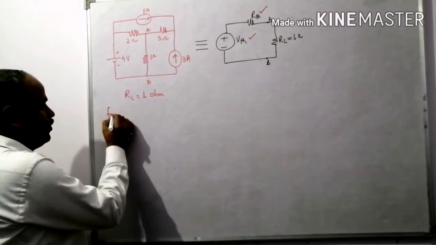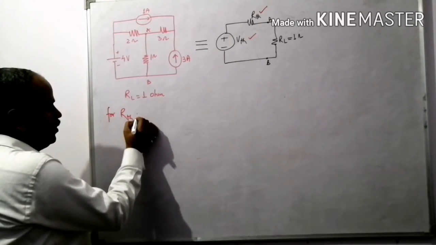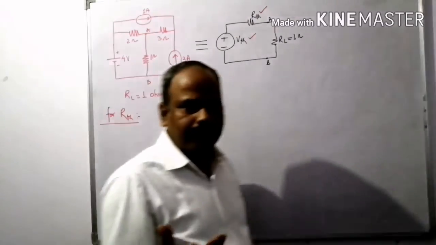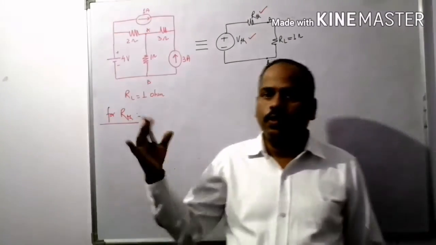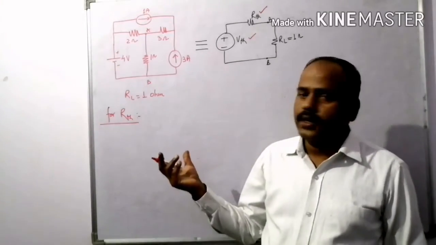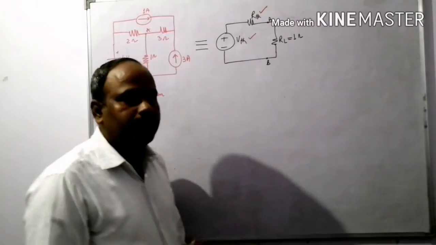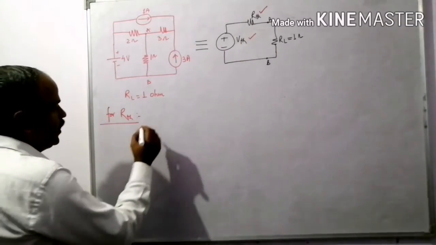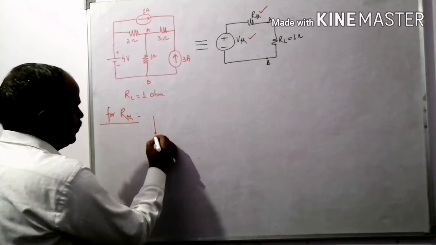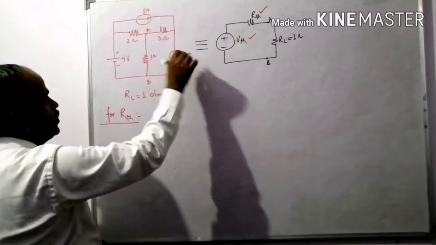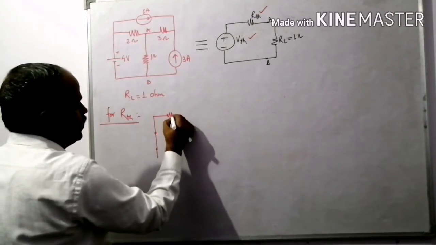See, for RTH, what is the procedure? Same. All the current sources are open circuited, all the voltage sources are short circuited, and the load is removed. And it should be viewed from the load side. Then it becomes, this one is the voltage source, so it is short circuited. Current sources are open circuited.